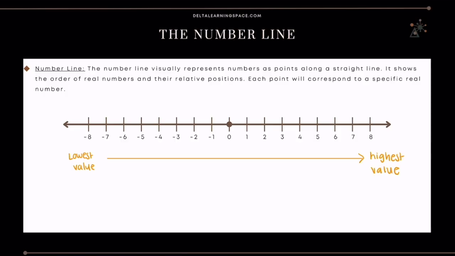So remember, numbers to the left of other numbers will always be smaller than numbers on the right. And the last thing before we move on is that a number line should always have arrows on the left and to the right. And this will show that these numbers continue in both directions. And we can shift this to whatever number set that we need.